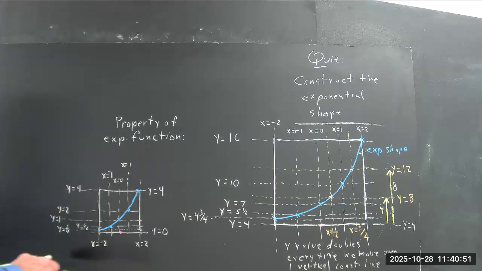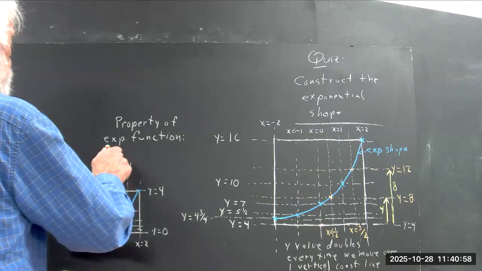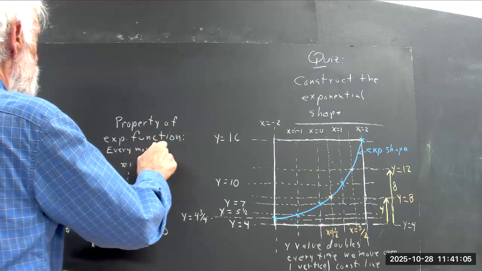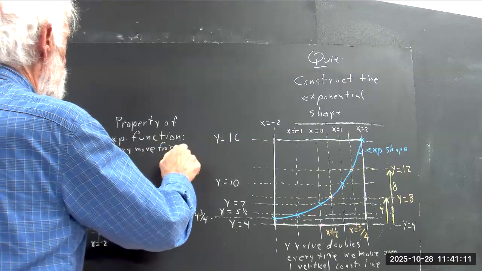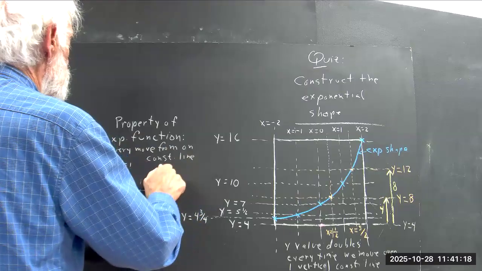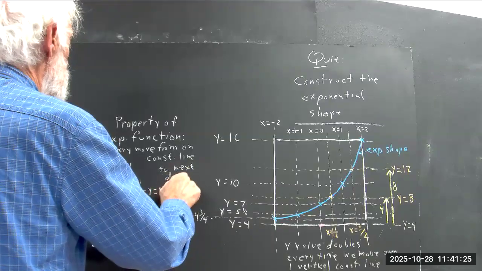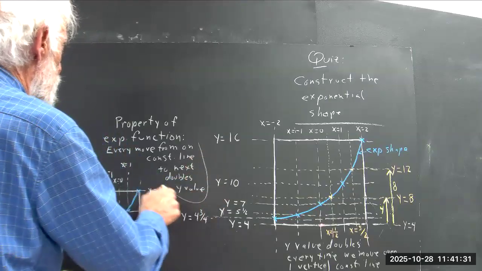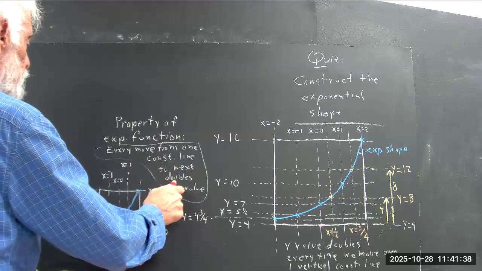So we see that every move from one construction line to the next doubles the y value.